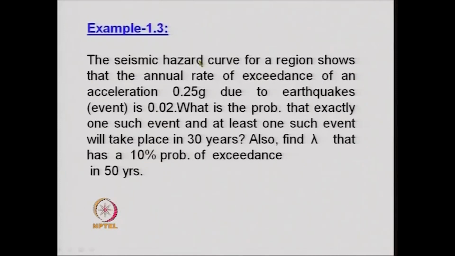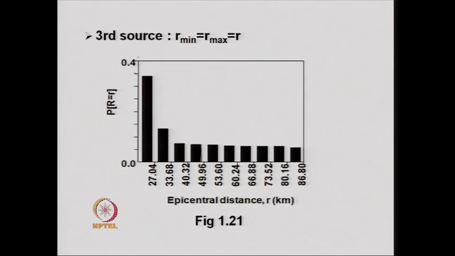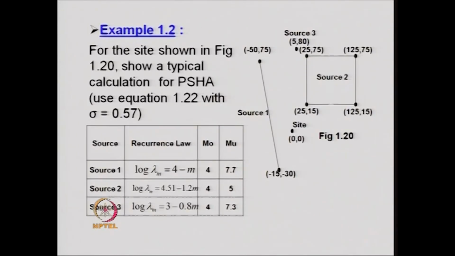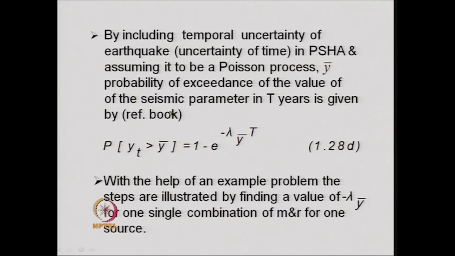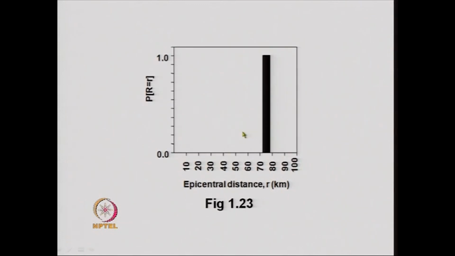This equation provides the probability of exceedance of a peak ground acceleration level of y bar, where lambda is equal to lambda y bar, that is the lambda value that we calculated and is shown in the form of the seismic hazard curve.